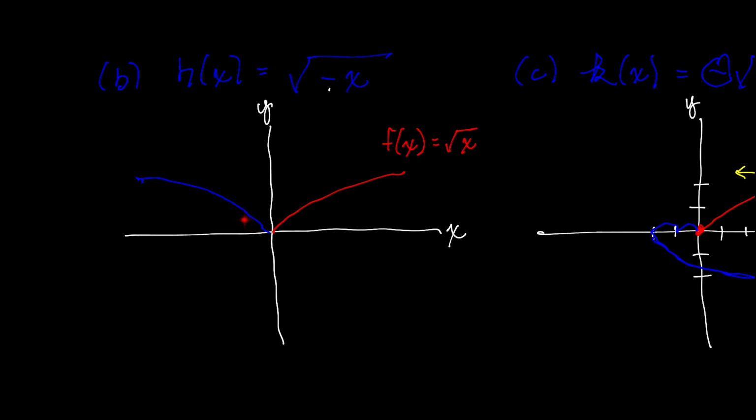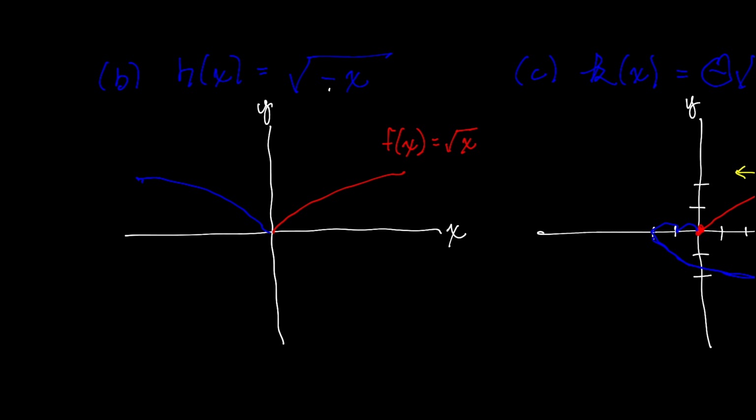And if your guess was we flip it across the y-axis, then you're exactly right. So flipping inside, remember this is like being inside the parentheses, but I'm inside the square root symbol. Instead of flipping it down here, it's flipping it over here.